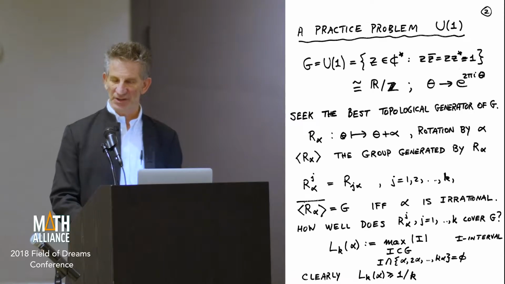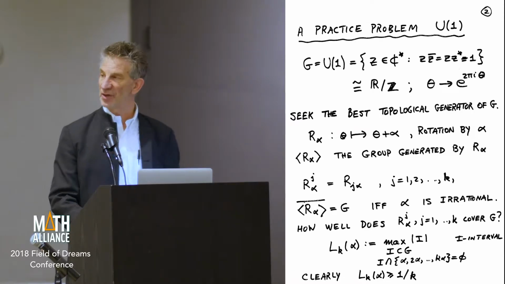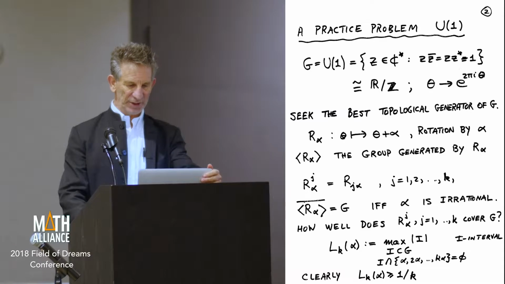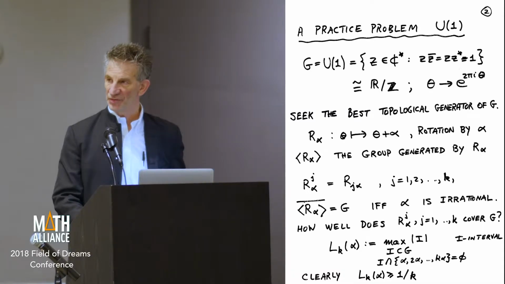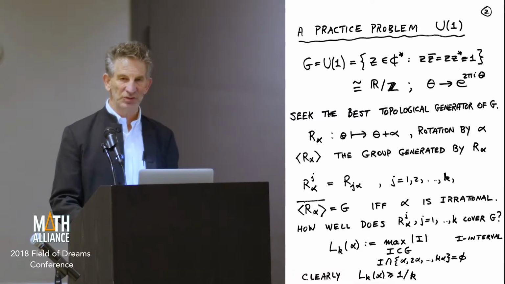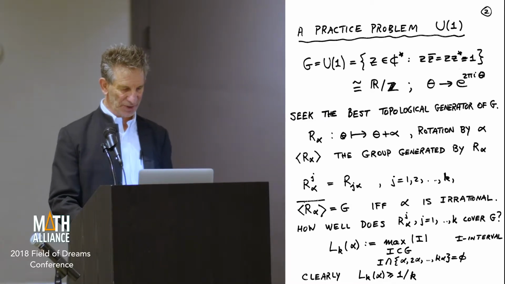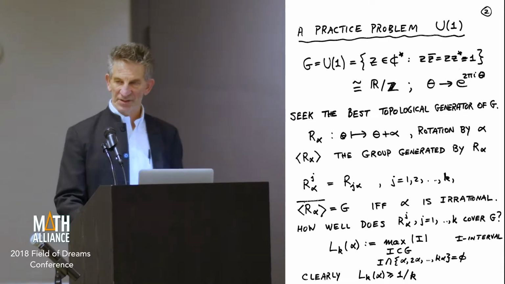You can also think of it as the reals modulo the integers by simply taking the homomorphism which takes a number theta to e to the 2 pi i theta, and that takes you into the circle, and addition becomes multiplication. So it's a compact group.